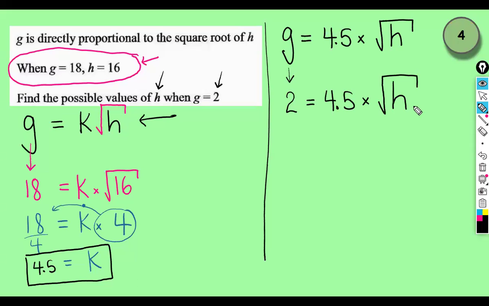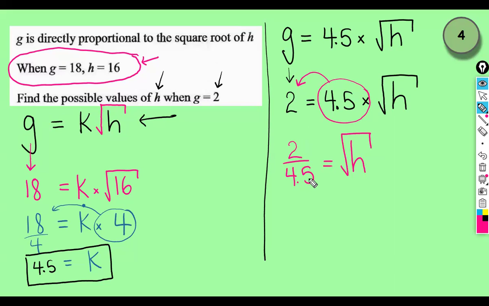H, okay? Great. We're just going to try to get H on one side and everyone else on the other side. So when we throw across the 4.5, we get 2 divided by 4.5 is equal to the square root of H.